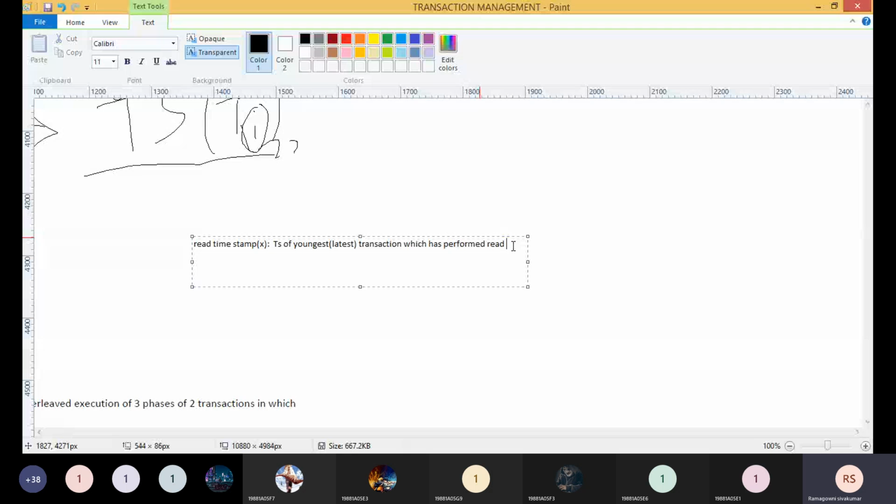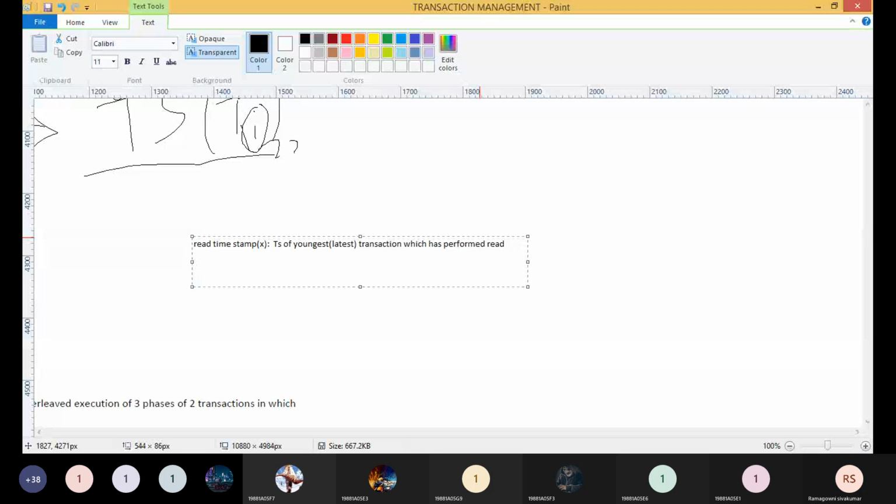Okay. Second one is what? Write operation, right? Write timestamp of X item. What is the meaning of this?